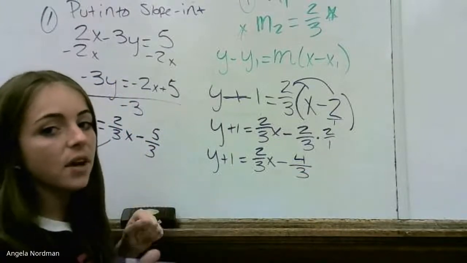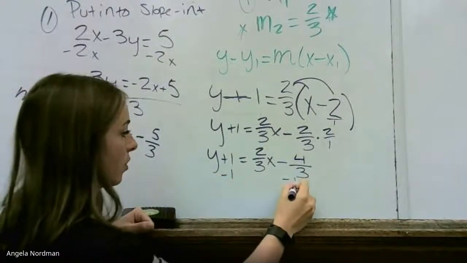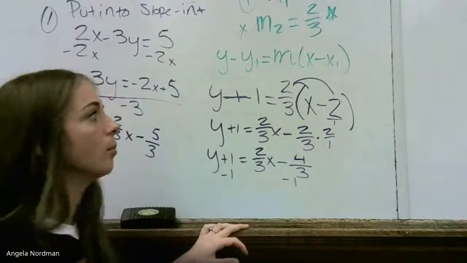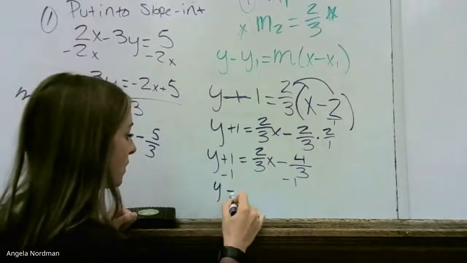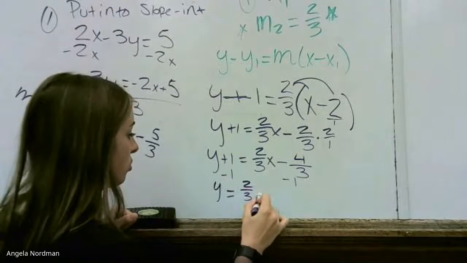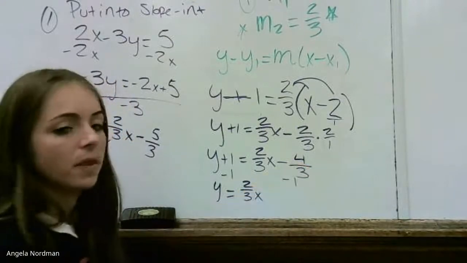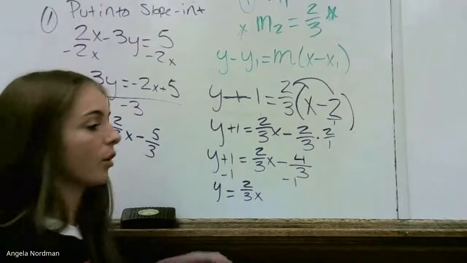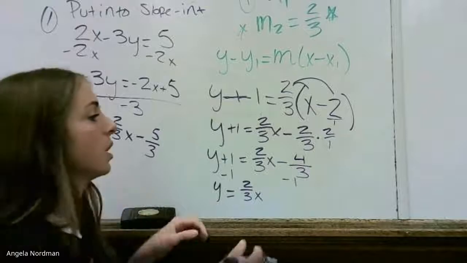Okay, my very, very, very last step. I need to get y by itself, back into that y-intercept form. So this is y equals 2/3 x. Now when we're subtracting 1 from this improper fraction, be really careful. If you need to go back and make a common denominator, you can.